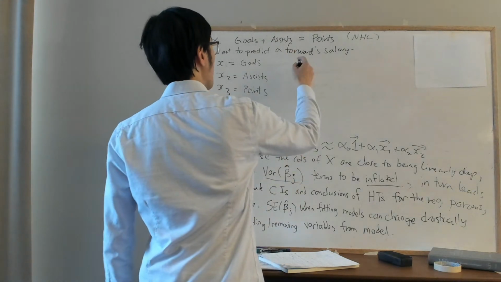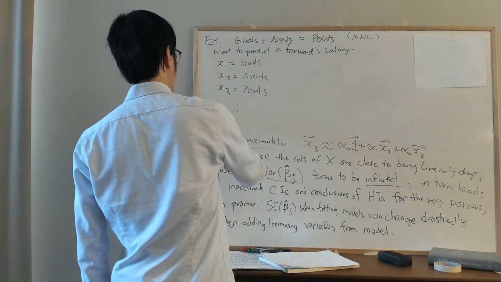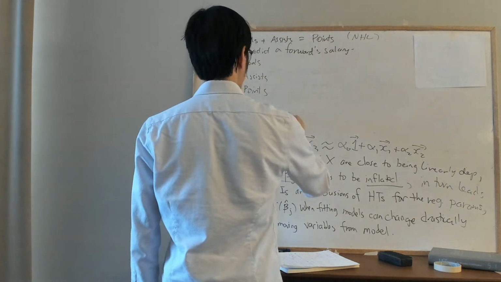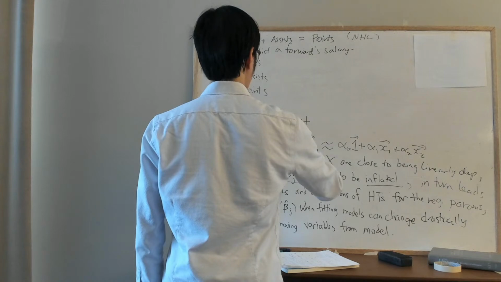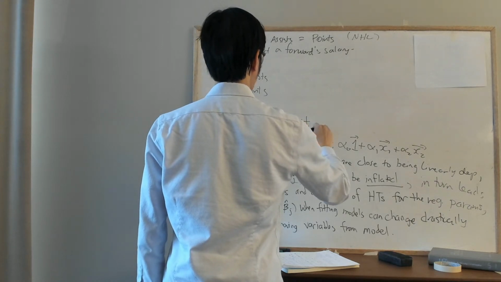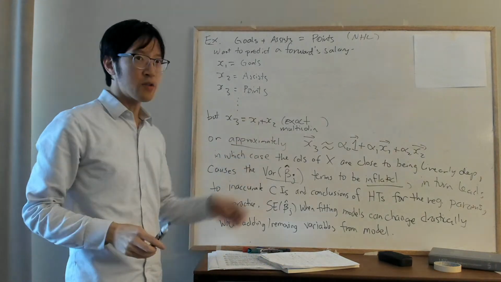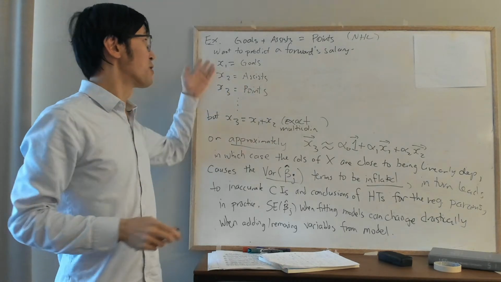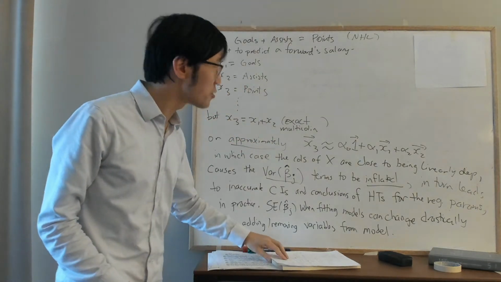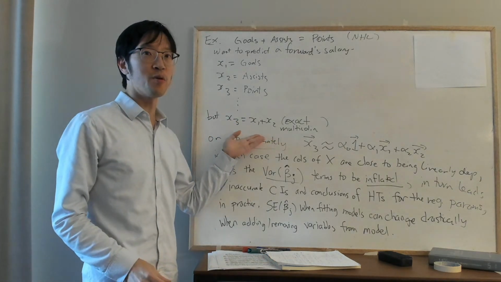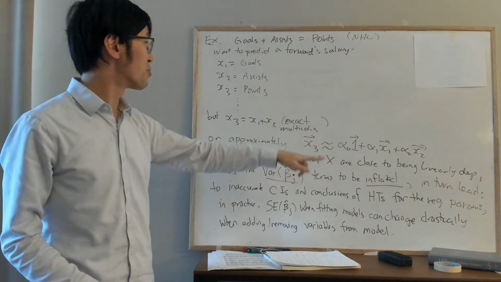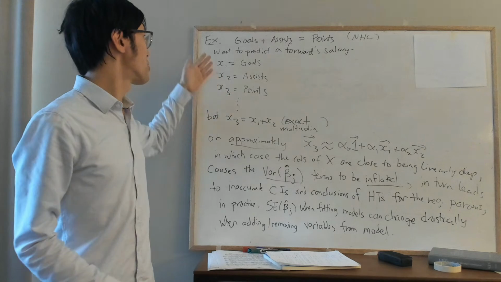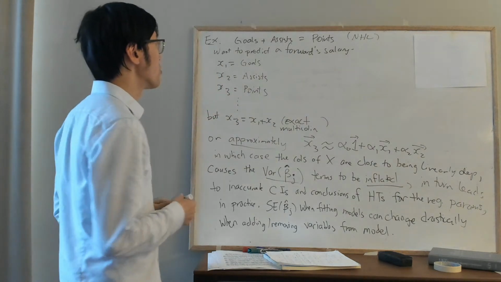So x3 is equal to x1 plus x2, and so we have exact multicollinearity. This is an example of a practical situation where we might mistakenly throw in linearly dependent variables, and if we try to do this in R, we would get an error because the matrix X transpose X is not invertible, because it has linearly dependent columns.